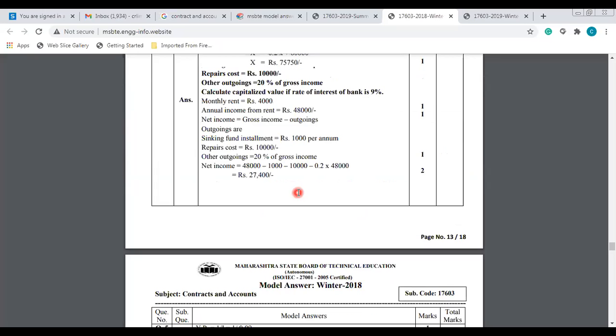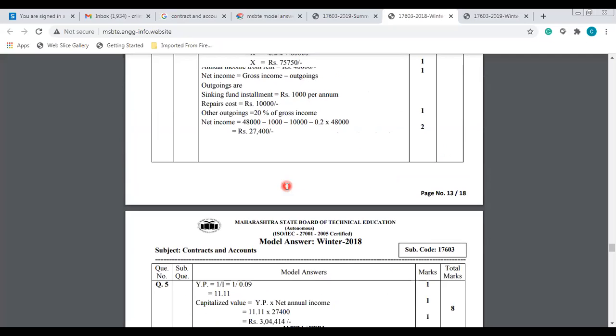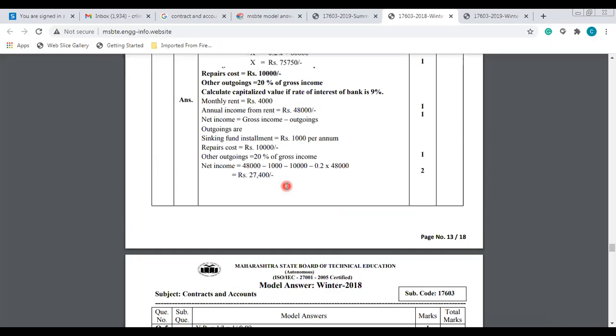So this is another problem of capitalized value. Okay, please note down this problem. If you face any query, any difficulty in this, please let me know so that I will explain once again. Please respond whether you are getting it or not, whether you are finding any difficulty. Please let me know. Please ask me if you have any queries.